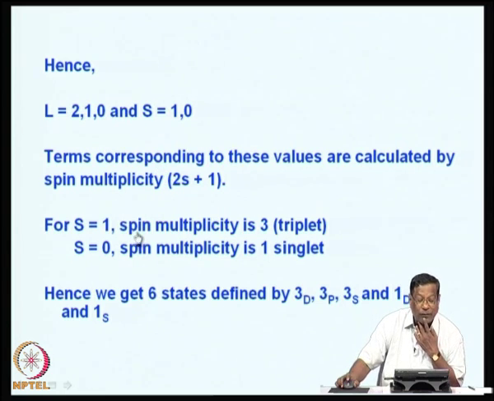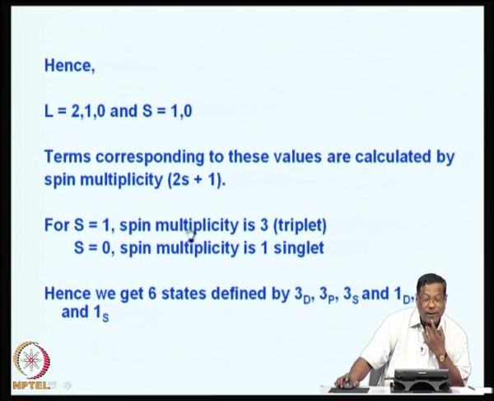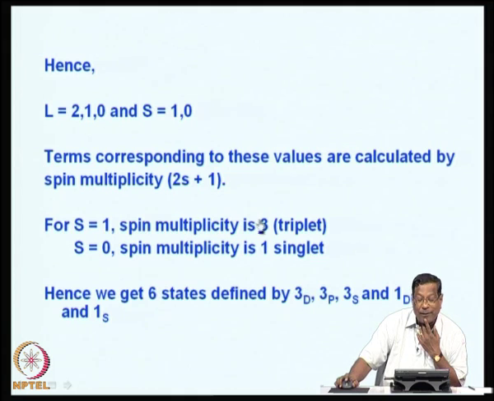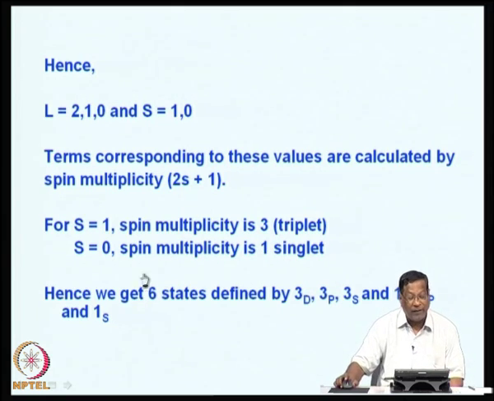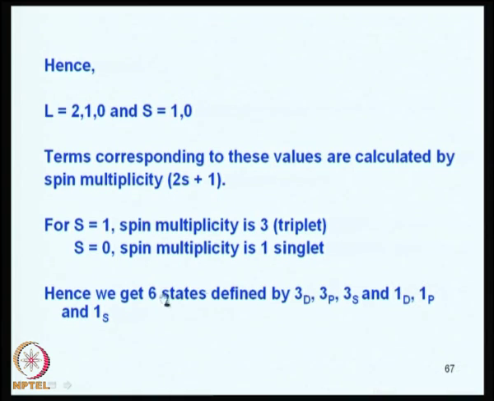For S is equal to 1, the multiplicity is triplet, that is 3, and for S is equal to 0, spin multiplicity is singlet, that is only 1. So, we get 6 states just by combining these energy levels, that is 3D, 3P, 3S, 1D, 1P and 1S.